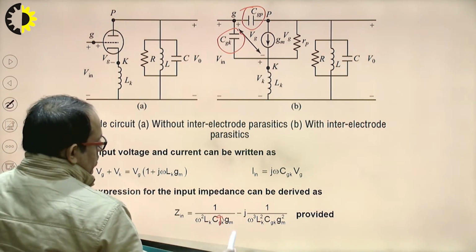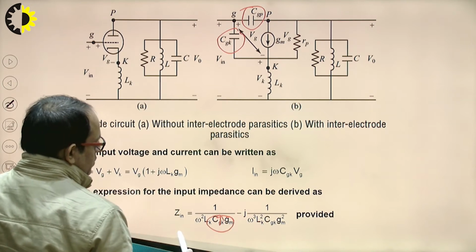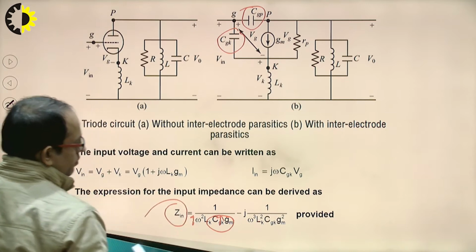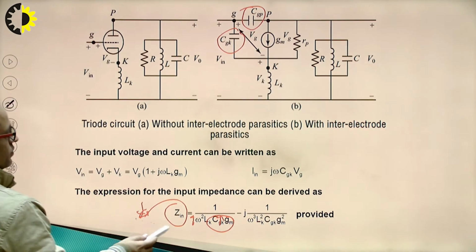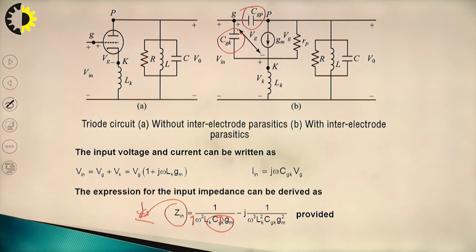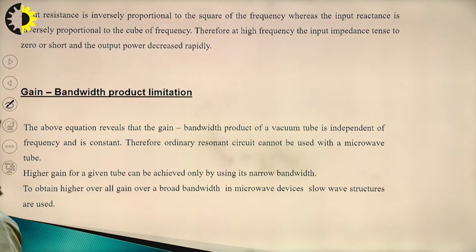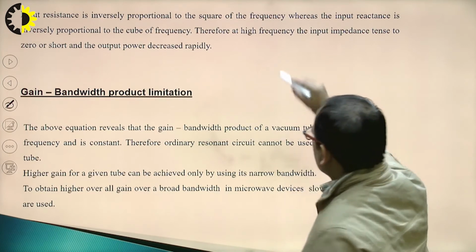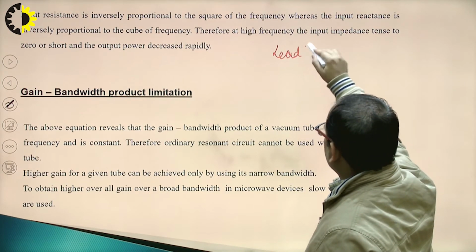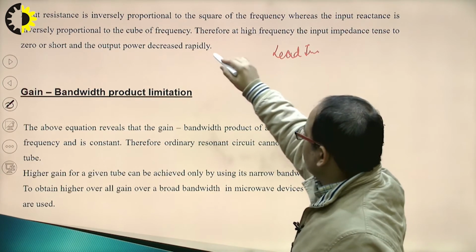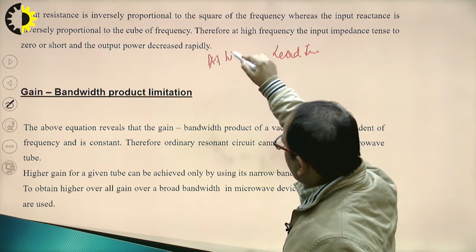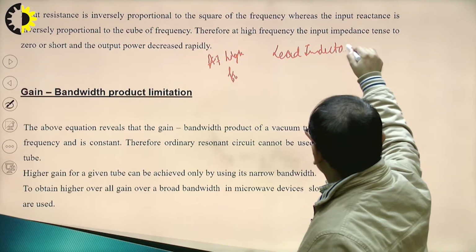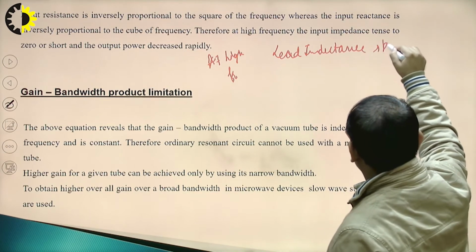The inter-electrode capacitance effect increases at very high frequency. Clear? Zin becomes very small. Input impedance becomes very small. Clear? And lead inductance at high frequency produces what?